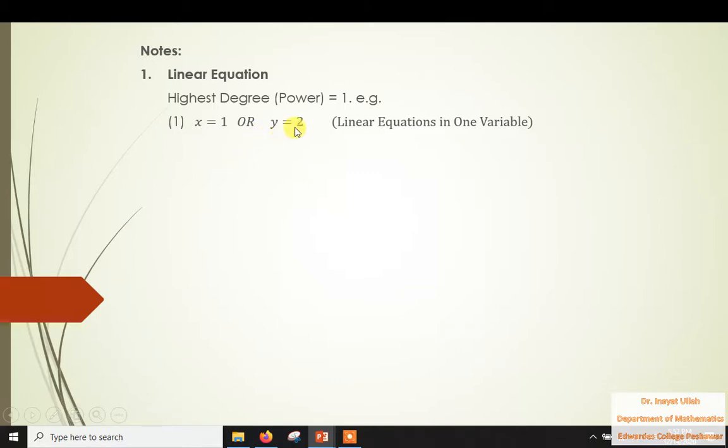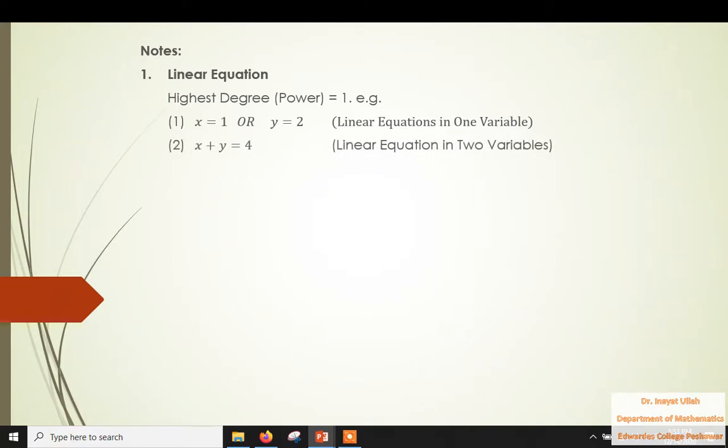And in y equal to 2, the power of y is 1, so this is again a linear equation in one variable. So these are two linear equations in one variable.